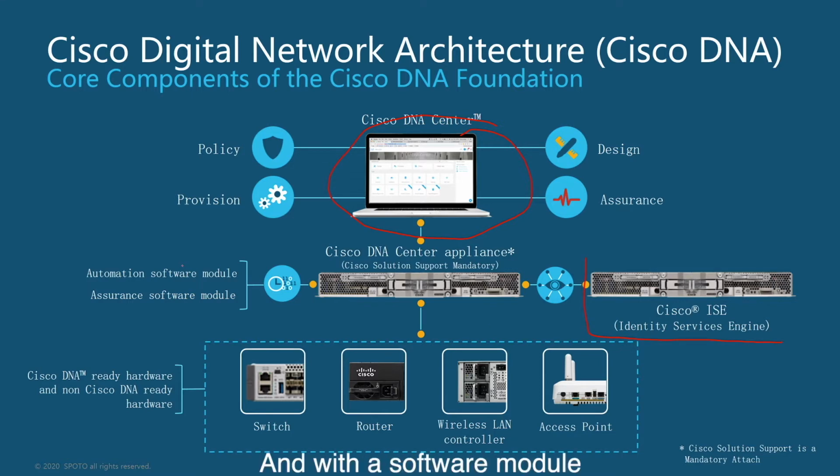And with the software module, it can deliver automation and assurance. At the bottom, it's the switch, router, wireless LAN controller, and access point. So with this hardware at the bottom, software layer in the middle, and the brain at the top, this is the architecture view of Cisco DNA.